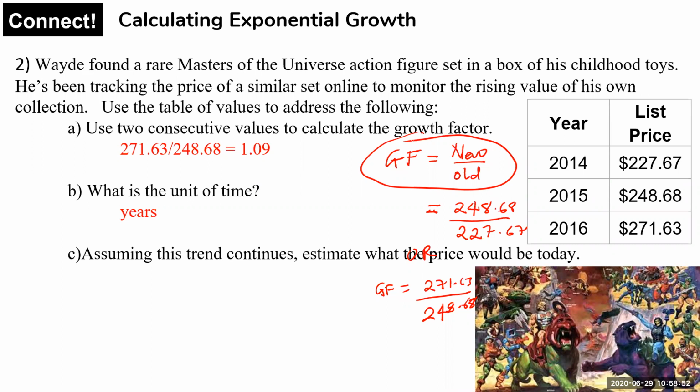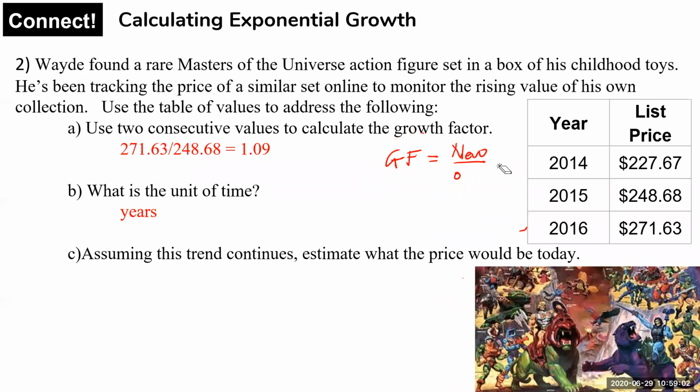So today, we are in the year 2020. And if you want to estimate the price for today, the starting year is what? 2014. So you find the difference, 2020 minus 2014, which is what? 6.